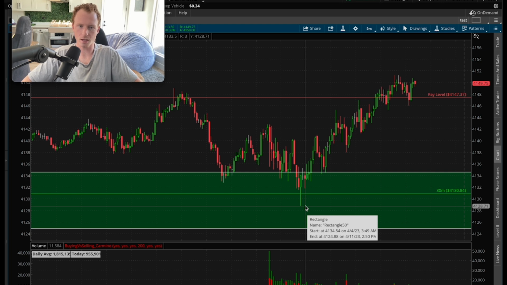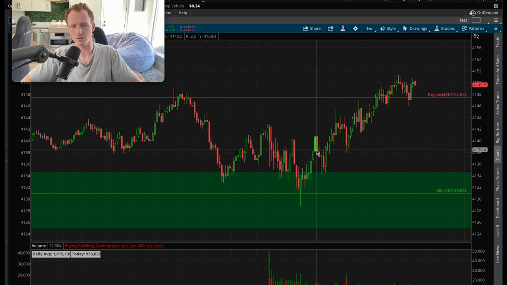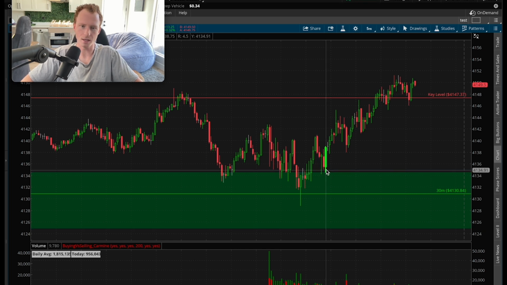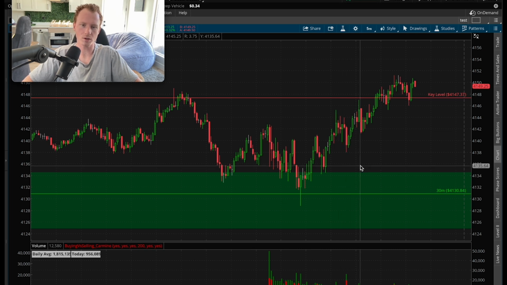So that's another thing I see a lot of beginners do: once the price goes up, they'll put their stop loss right behind it. But you got to keep in mind, a lot of times price will pull back, you'll get stopped out, and then you'll have the price go in your favor even more. So you got to be okay with the pullbacks that come into play.